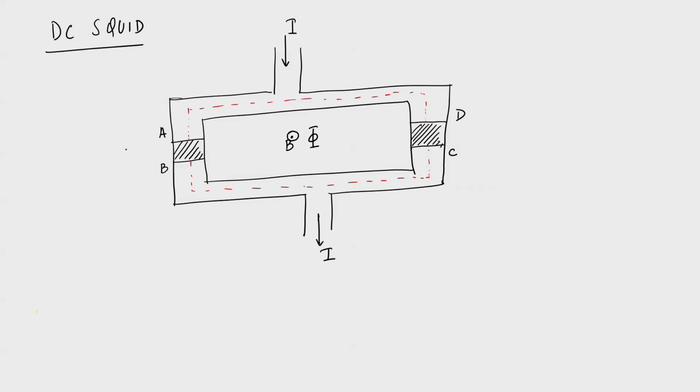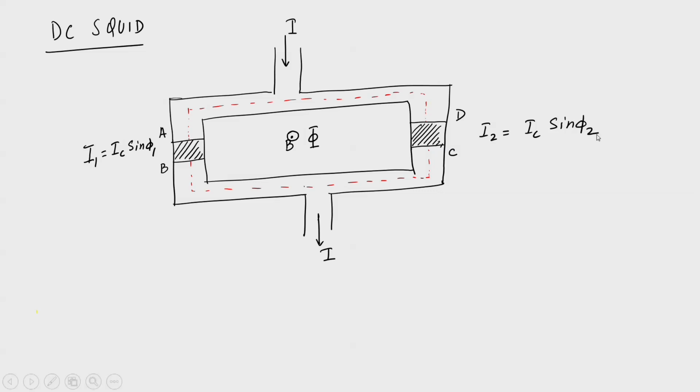There is a current that is flowing, this is equal to I 1, we call it I c sine of phi 1, and this is I 2, it is equal to I c sine of phi 2.